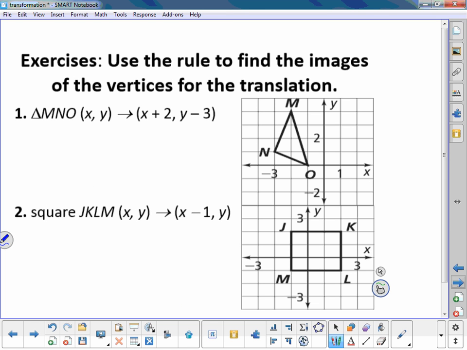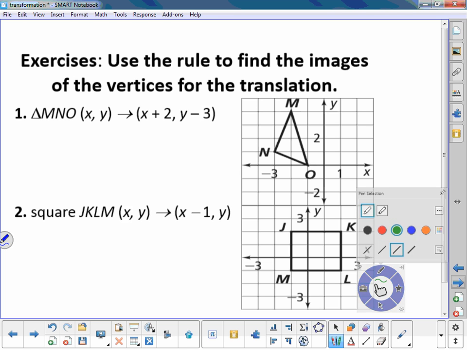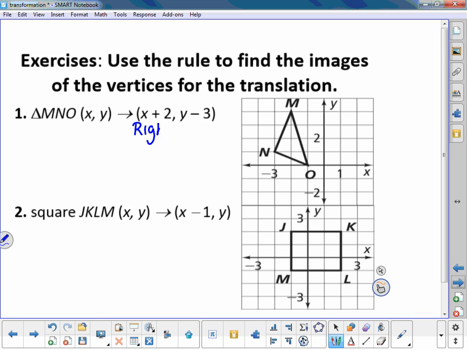Now, let's move these and make a new image. This is our pre-image. Let's make our image. So this tells me that I am going to go right 2 and down 3. So if I go right 2, I'm going to do it with L. 1, 2, and down 3, 1, 2, 3. That would be L prime.